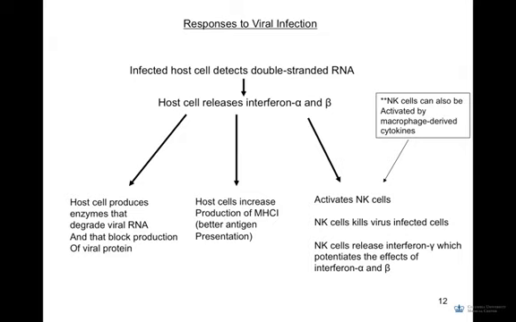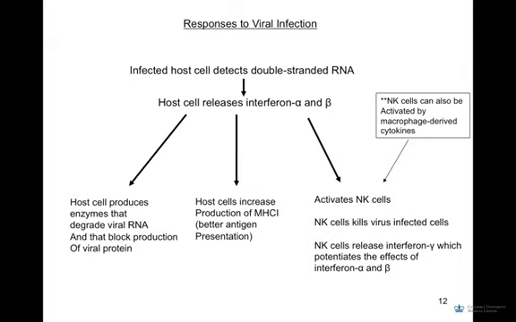So one of the key parts of triggering this response to viral infection actually comes from the host cell that is infected with the virus. When a host cell detects double-stranded RNA within itself, that is a very clear sign to the host cell that it is infected with a virus. Now, RNA that our cells normally produce is always single-stranded.